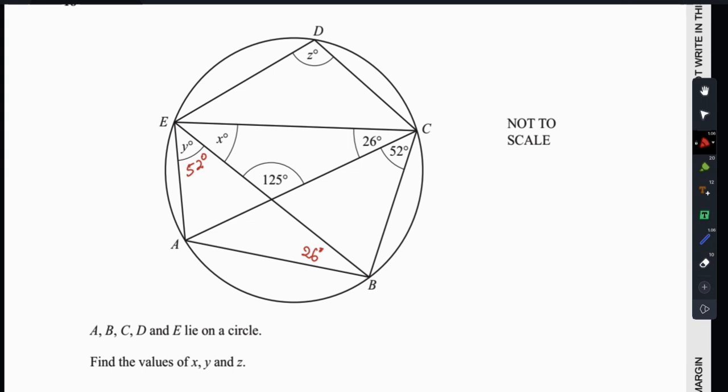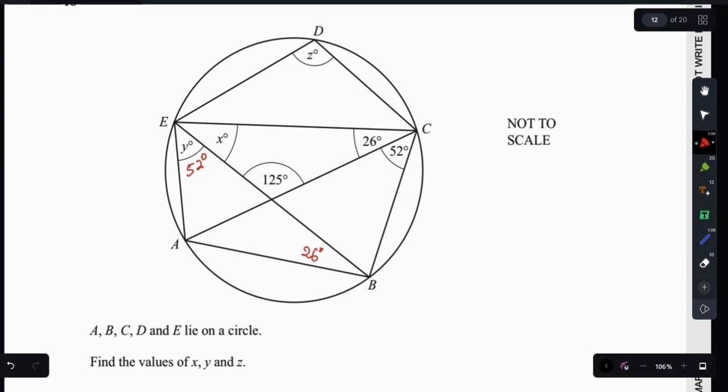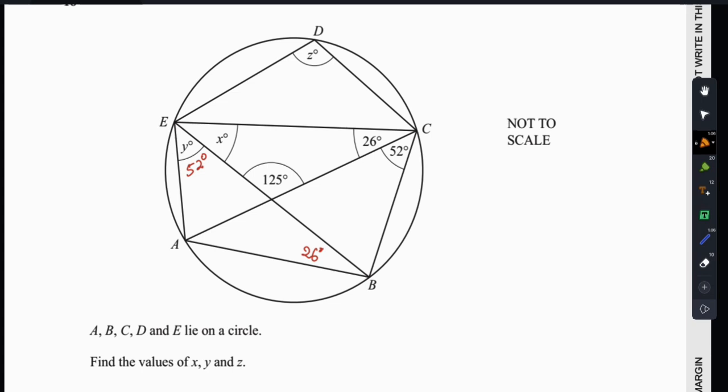Okay, what else do we have? I'm sure you can see, if you look very closely, there's a four-sided shape here. We call those cyclic quadrilaterals. If you look at A, B, C, E, this is a cyclic quadrilateral. And we know from a cyclic quadrilateral, opposite angles always add up to 180 degrees. So what's the sum of those two?